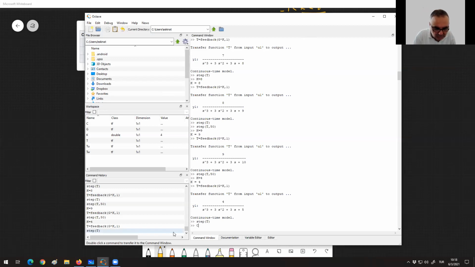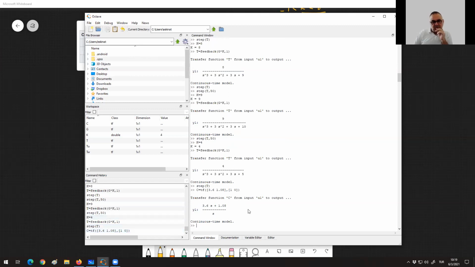C equals transfer function, where the numerator is Kp, which is 3.6, as we have found, and 1.08, and the denominator is s, which is [1 0]. So this is the controller transfer function.